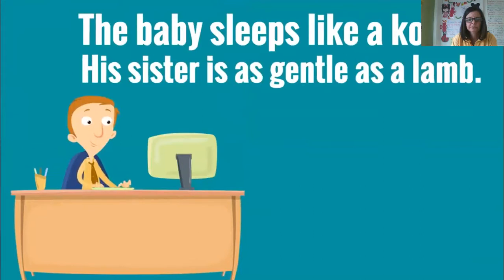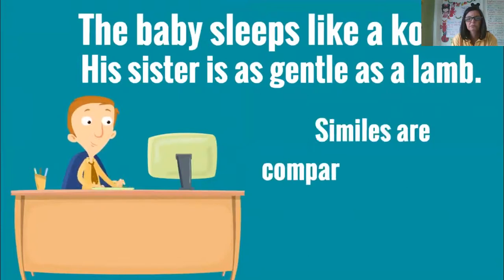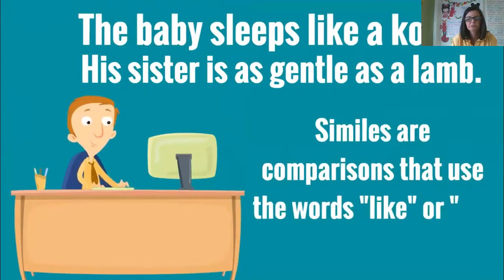You want to know something interesting about these comparisons? These comparisons are similes. That's right. Both of these sentences are similes. You see, similes are comparisons that use the words like or as. If there's a comparison that uses the words like or as, then you know that that comparison is a simile.